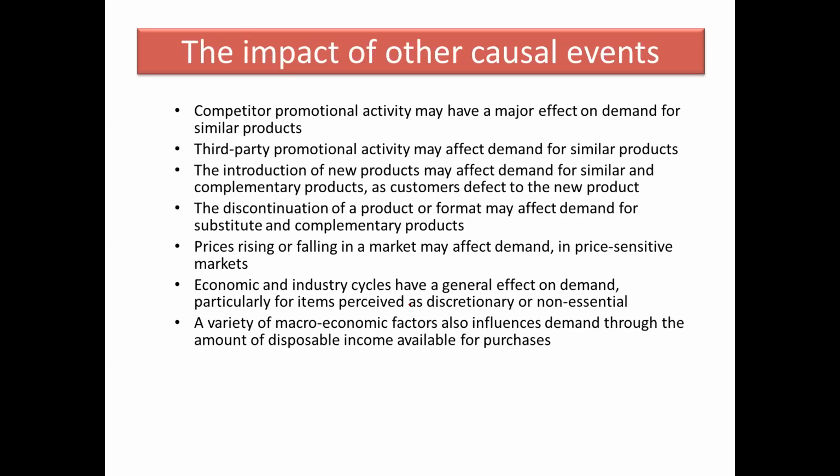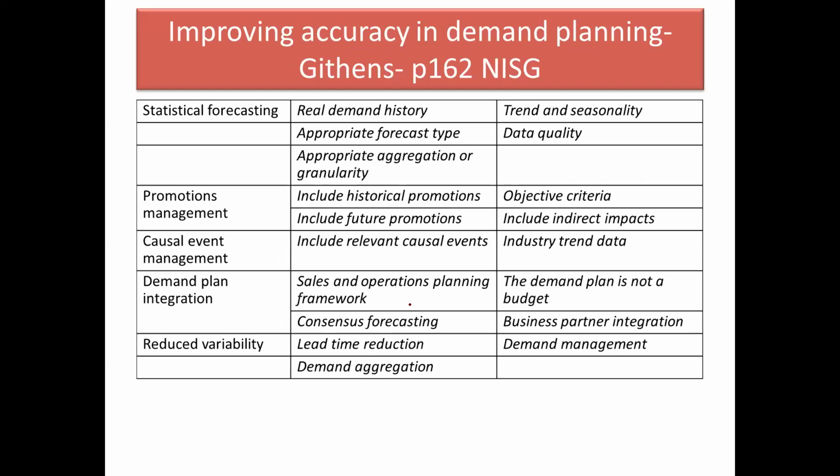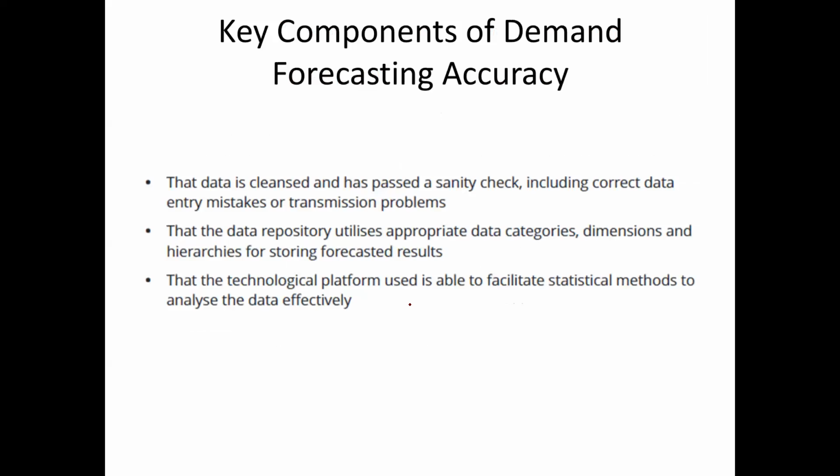So other causal events can impact on demand and supply, competitor activity. We need perhaps better statistical forecasting. We need to manage promotions, and we need to reduce variability. So how do we improve accuracy?